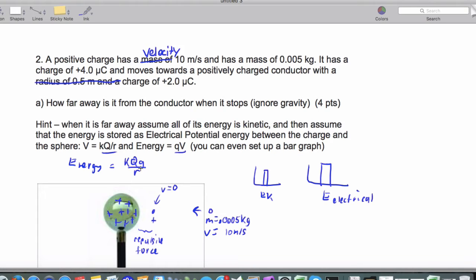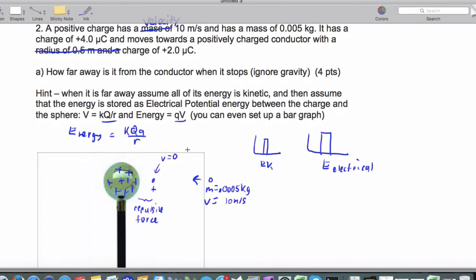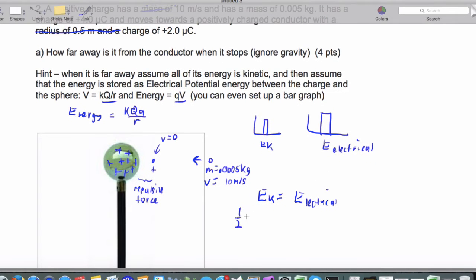So that's the energy where I've taken this V and substituted my expression for potential difference, or voltage, right there. Now I'm going to take my kinetic energy and convert it entirely into electrical energy with none dissipated. And now, just like my energy bar graphs, I'm going to have 1/2 mv squared equals k, q of the conductor, q of the moving charge, divided by the distance that separates them.